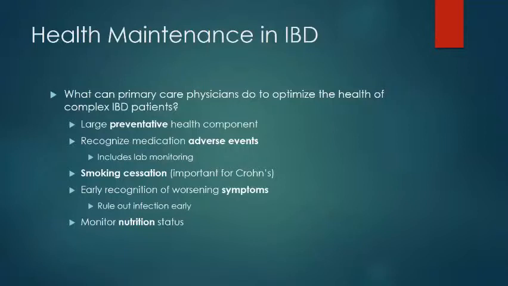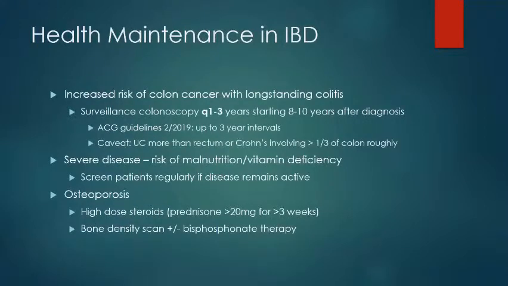Early recognition of worsening symptoms and appropriate rule out of infections can be very helpful for management decisions. And then monitoring their nutritional status. If they're developing weight loss, looking at the labs like their fat-soluble vitamins, all the vitamins they can become deficient in.